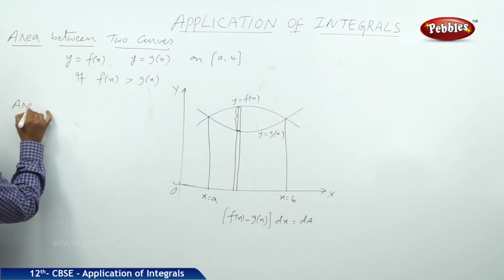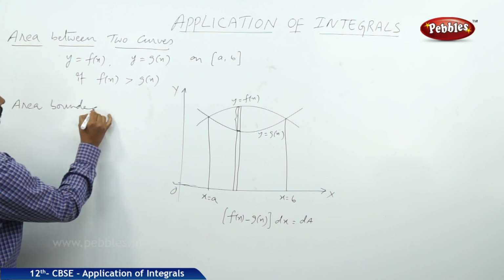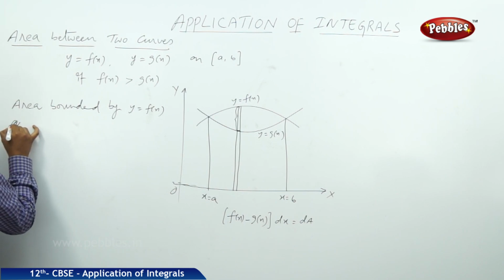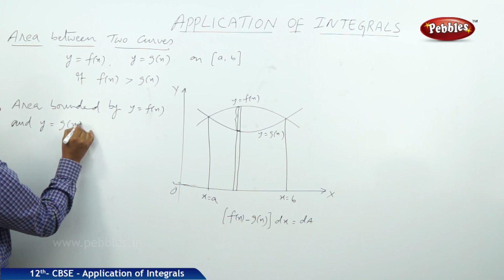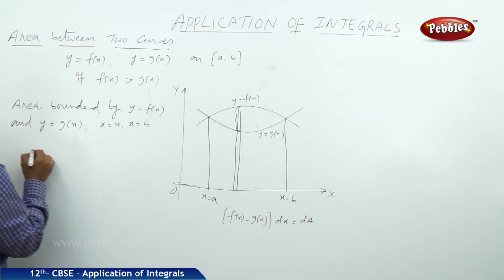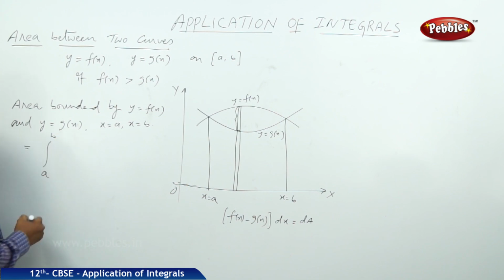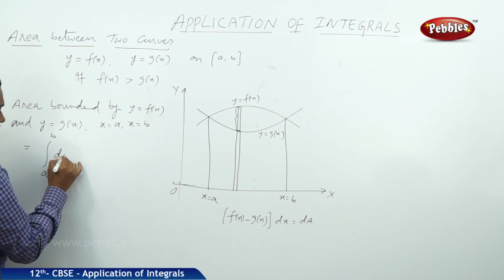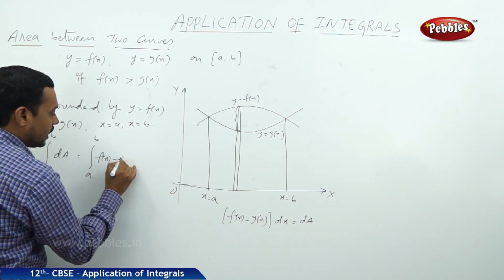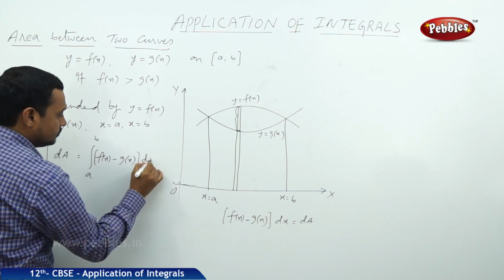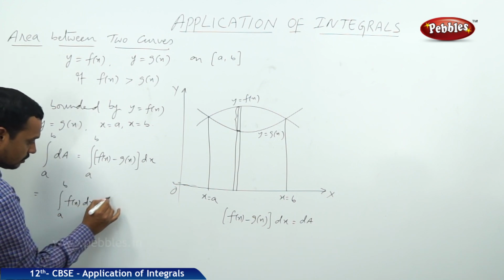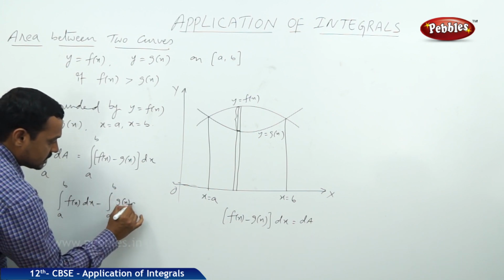Now the area bounded by the two curves y is equal to f of x and y is equal to g of x, x is equal to a, x is equal to b, is equal to integral a to b dA, that is equal to integral a to b of the elementary area f of x minus g of x into dx, and it is also the same as integral a to b f of x dx minus integral a to b g of x dx.